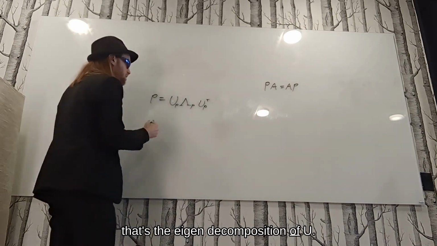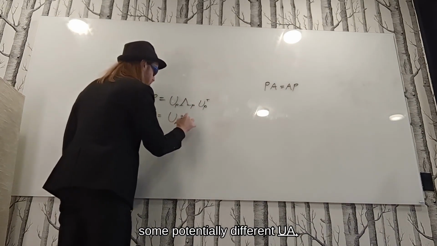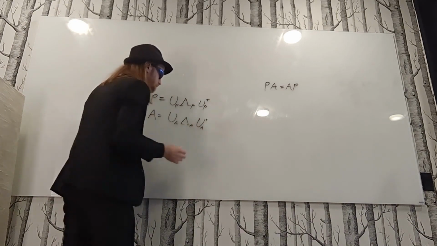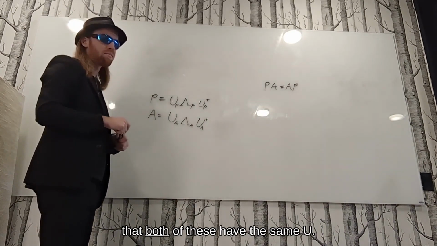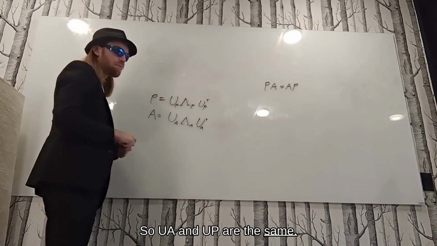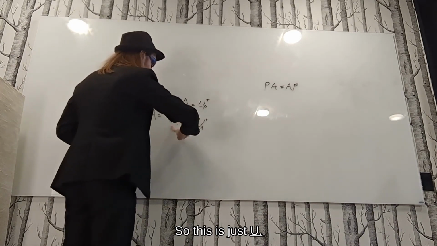It's the eigendecomposition of P. Then A is going to be some potentially different U_A lambda_A U_A transpose. Now, suppose for a moment that both of these have the same U. So U_A and U_P are the same. So in other words, they have the same eigenvectors. So this is just U.